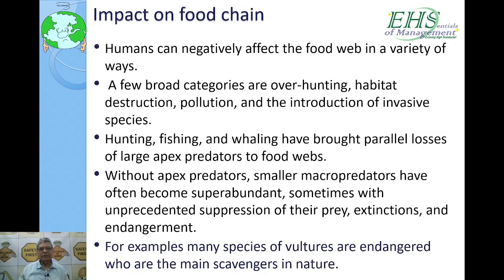In say 50 years back, there were great hunting games going on, and many species became extinct because of overhunting. For example, the cheetah disappeared from the Indian continent because of overhunting. The number of tigers in India also reduced to an alarming extent because of overhunting.